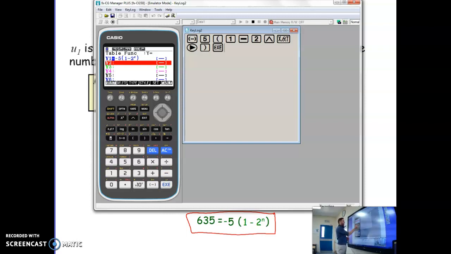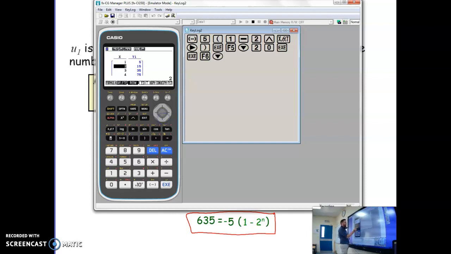So I'm going to press, actually, first thing I'm going to do is I'm going to set and see how many I want. Well, this is only going to give me 5 terms, starting at 1, ending at 5. I probably want, let's have a look at the first 20 terms. That should be plenty. And then I'm going to go back table by pressing F6, and I need to scroll down through this table until I find the value of n that gives me 635.